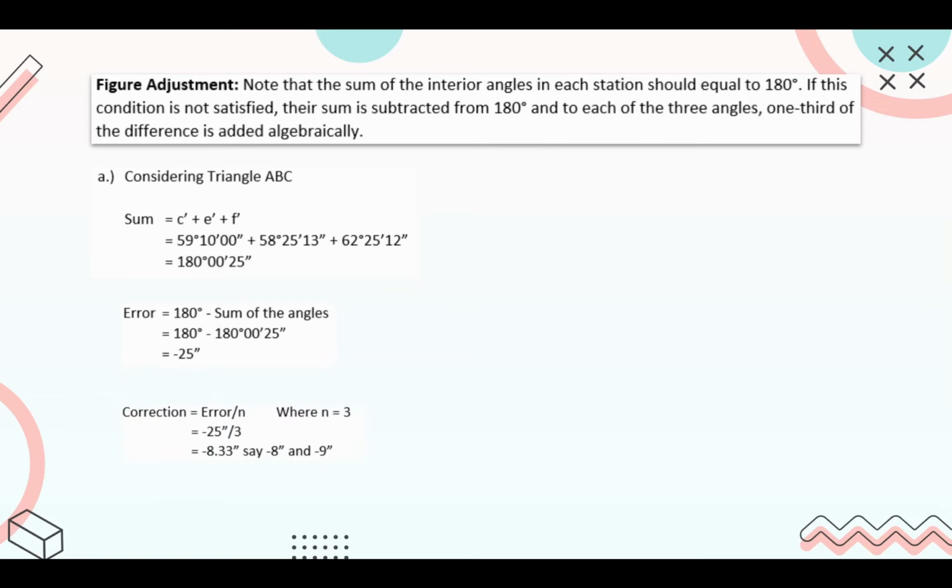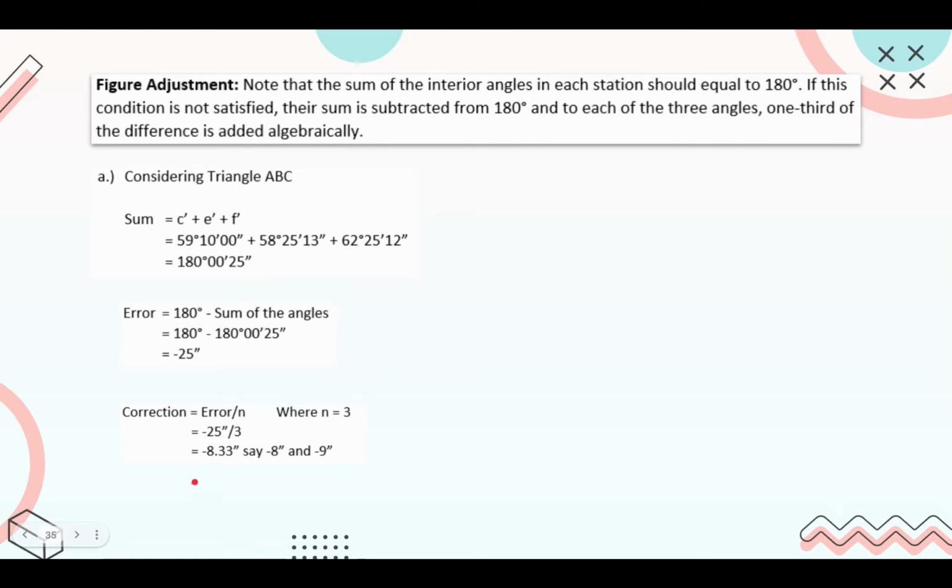To solve for the correction, we once again divide the error by the number of angles involved. In this case, triangles always have 3 interior angles, so the value of n will always be 3. Now, notice that the correction has a decimal value, since the error is not divisible by 3.